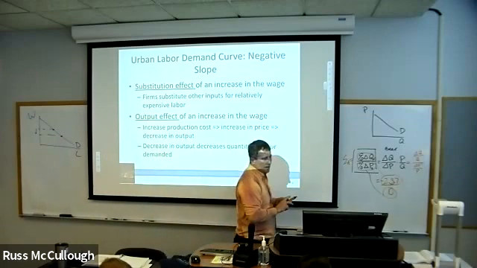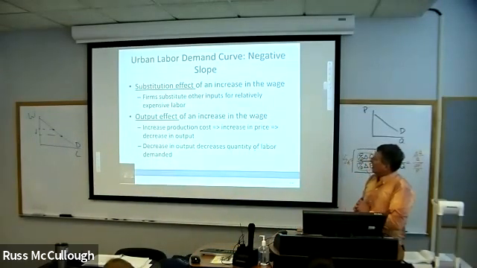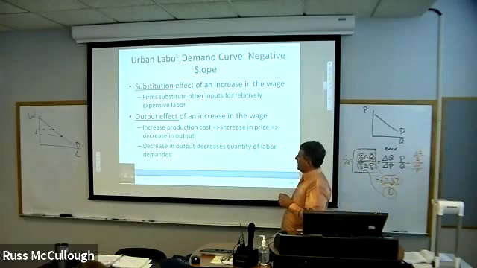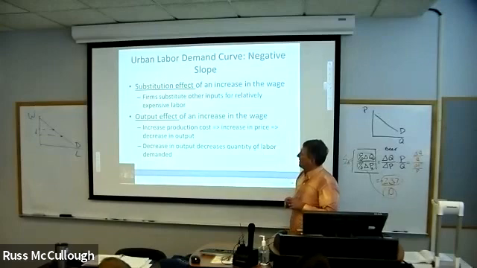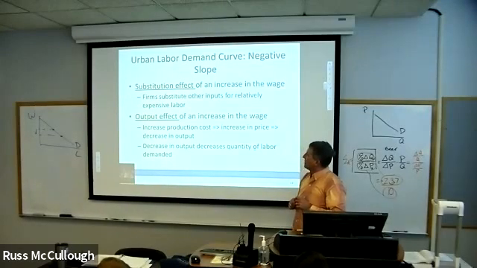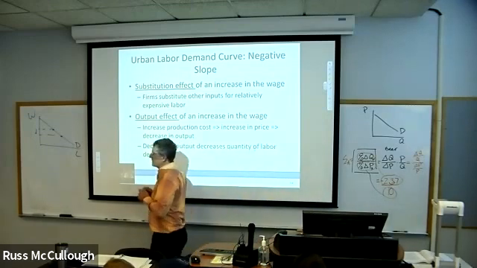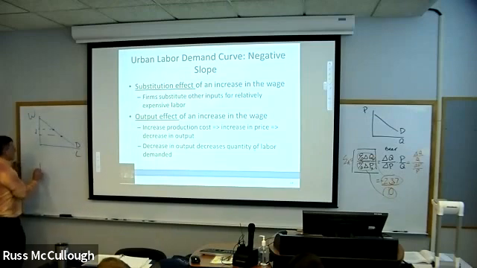And then the output effect, we can start to look at the production costs. So a decrease in output decreases the quantity of labor demanded. So what's the output thing? Where's that coming from? Increased production costs, increase in the wage, output effect, the productivity. So yeah, it's getting more towards that productivity part.